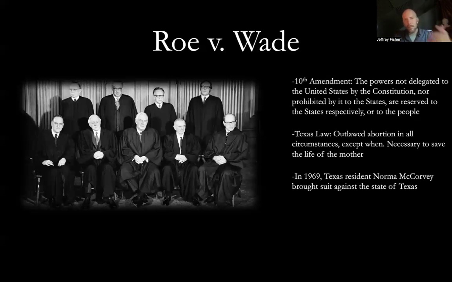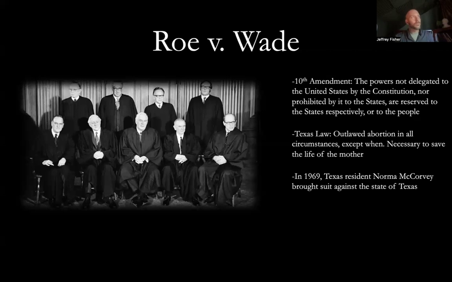The Wade, that was Henry Wade. He was the district attorney for the relevant district or county in Texas. So when Norma McCorvey challenged the Texas law, Wade was tasked with defending the state of Texas. And so that's where the names in the case, Roe versus Wade, come from.